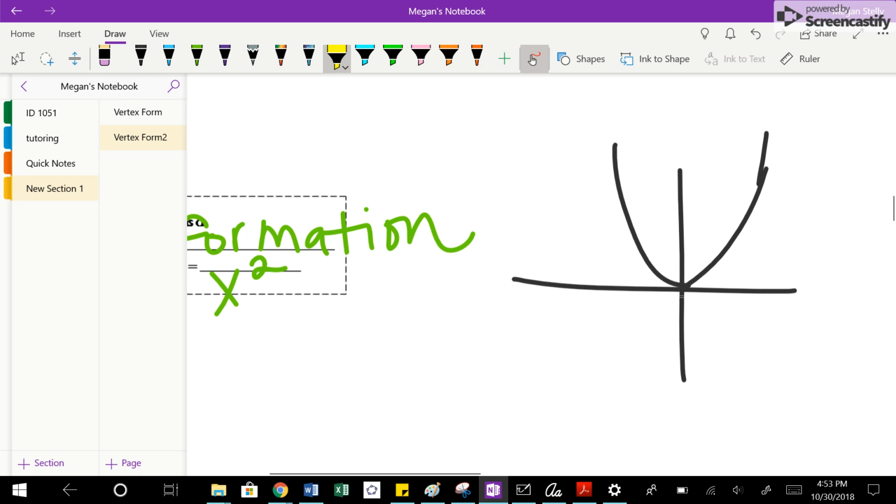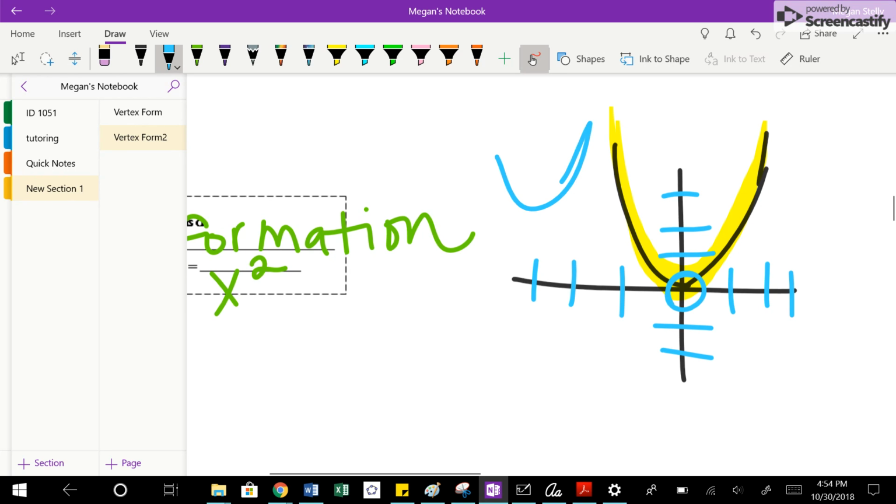And so it forms this U-shaped parabola, with its vertex here at 0, 0. And what the transformation is going to do is it's either going to bring it up or down, to the left or to the right. And so your function may end up over here with a new vertex somewhere else. And we're going to look at these transformations to see, well, where does my vertex end up?